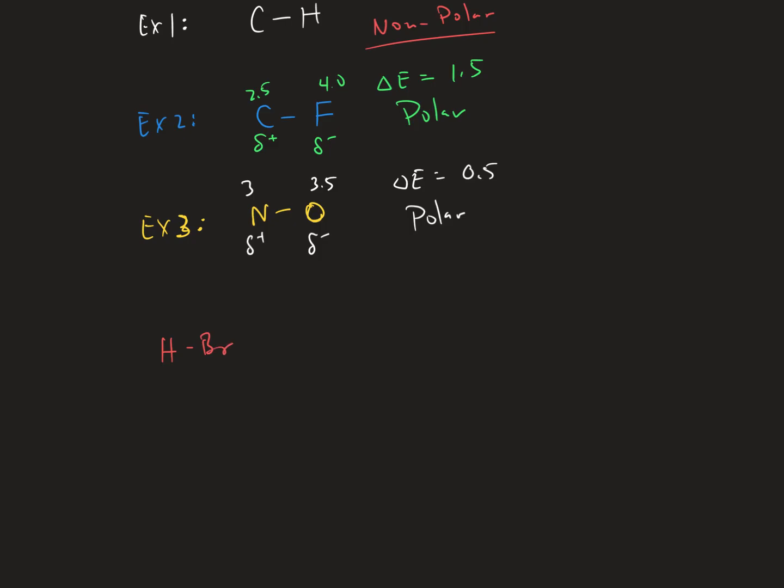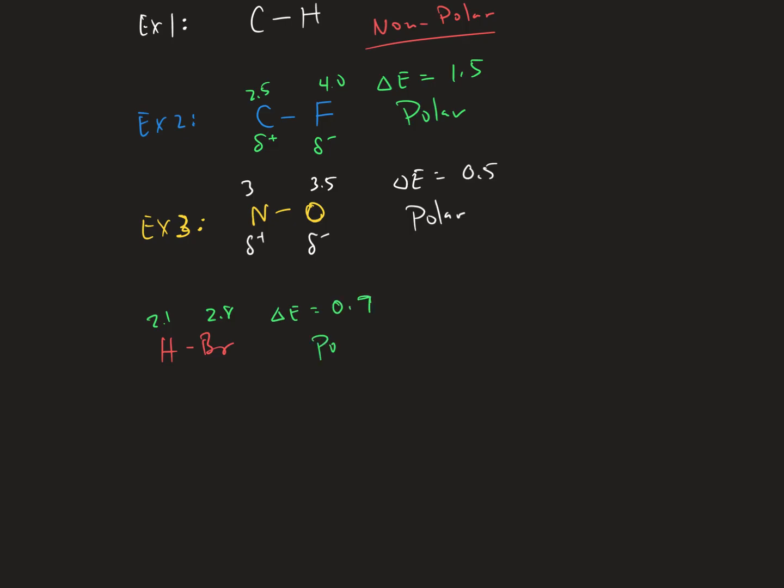Okay. What's the electronegativity value for hydrogen? Do you have the chart? No. What is it? 2.1. What about bromine? 2.8. So what's the difference? Is it polar or non-polar?